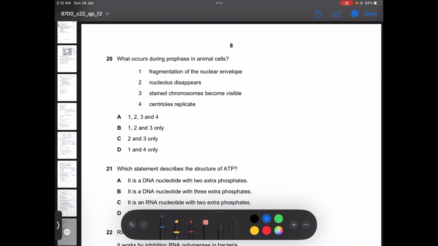The nucleus disappears, yes. Stained chromosomes become visible, yes, because they need to proceed into metaphase, anaphase, and those other stages and then divide. Centrioles replicate? No, centrioles do not replicate, so the only correct options are 1, 2 and 3, which is B.